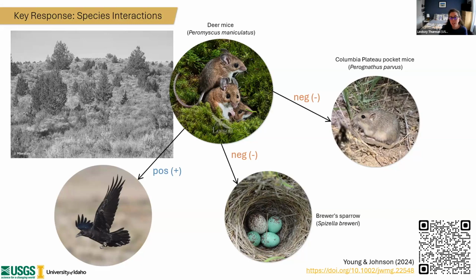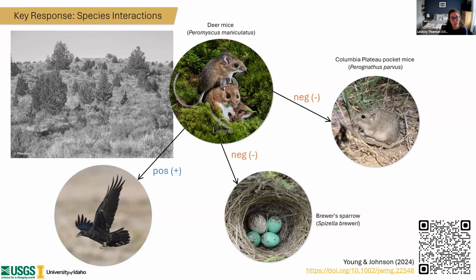They were interested in what happens when there's juniper encroachment and cheatgrass invasion in this system and how it impacts these competitive dynamics. What they found is that at low levels of disturbance, deer mice really benefited and it expanded their home range, which caused competitive exclusion of these pocket mice.